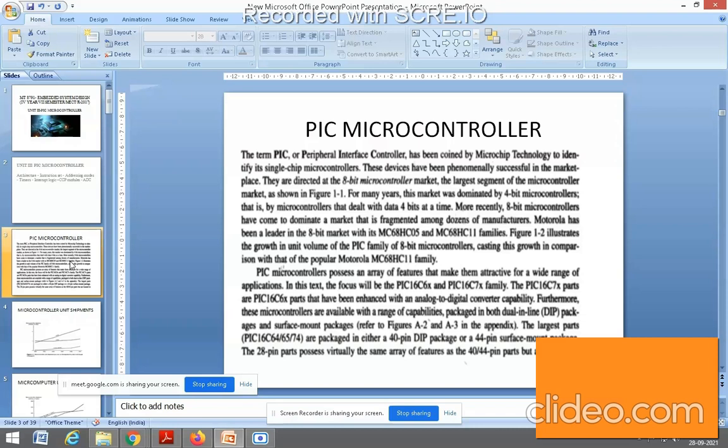That is a surface mount package. The largest parts are packaged in either a 40 pin dual inline package or a 44 pin surface mount package. It is available in 44 pins, 40 pins, and also 28 pins, which will have the same features as your 40 pin and 44 pin ICs.